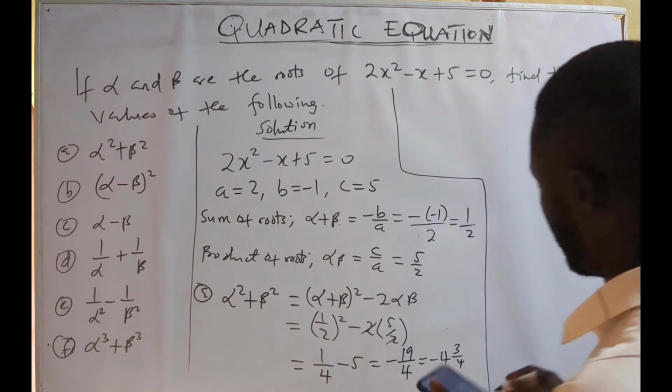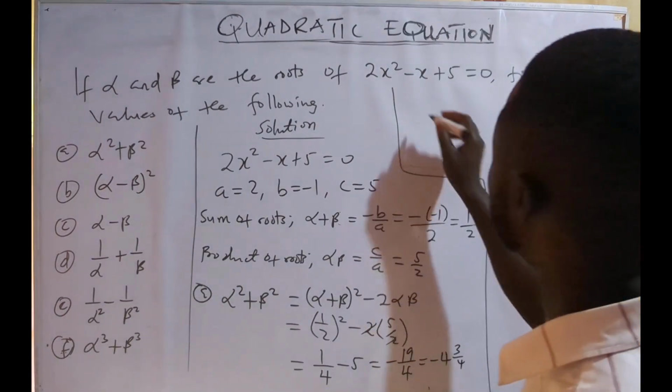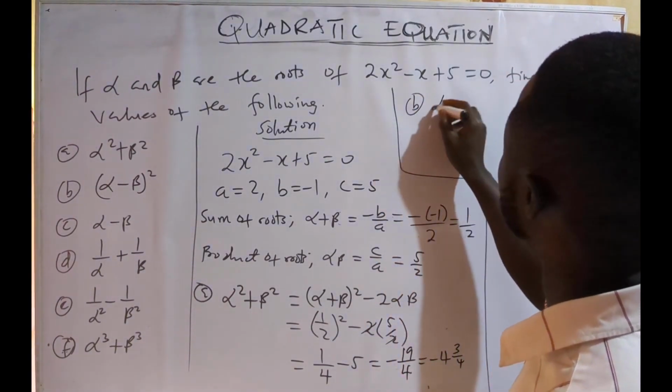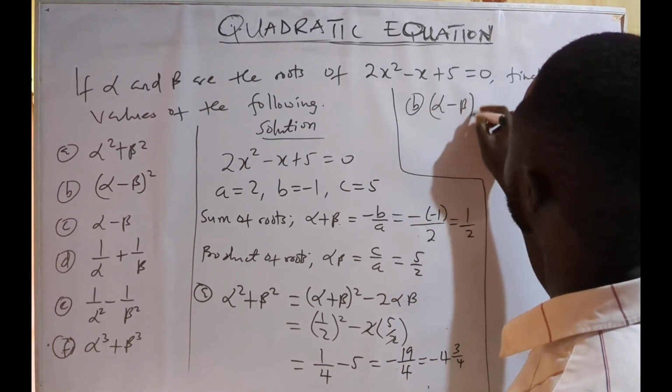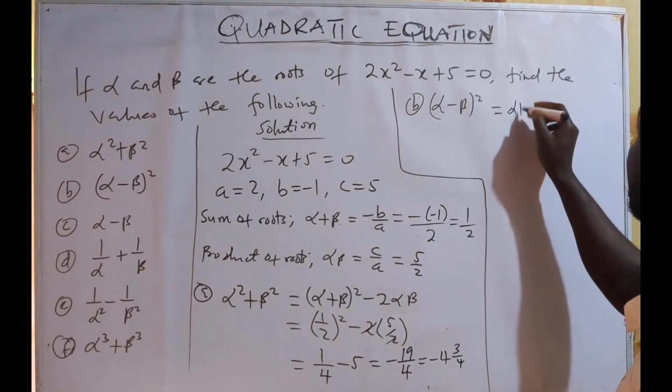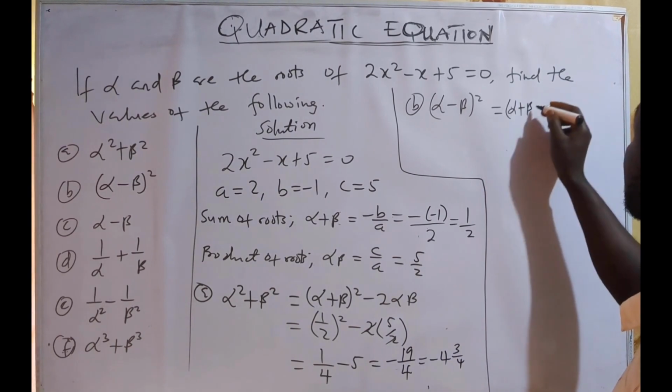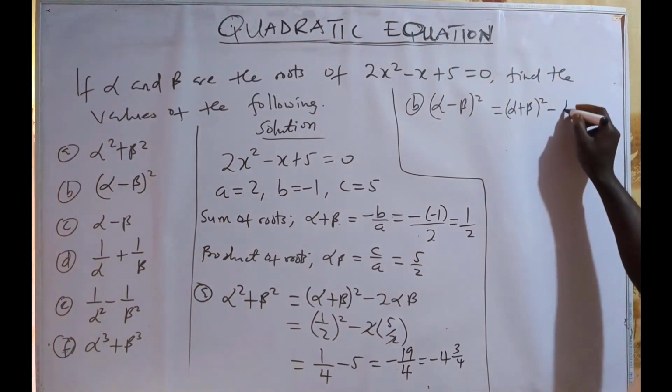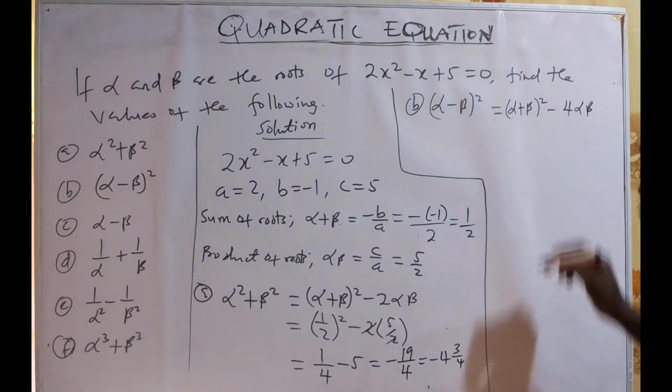So let's continue. Our b, we have what? Alpha minus beta all squared, which is the same as what? Alpha plus beta all squared minus 4 alpha beta.